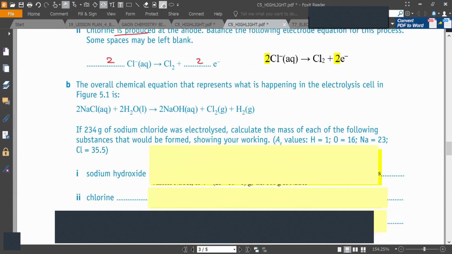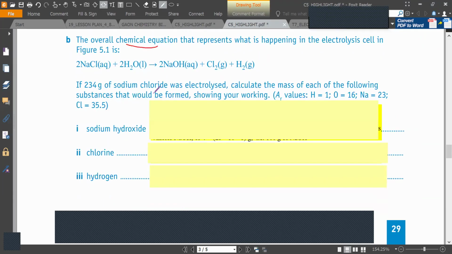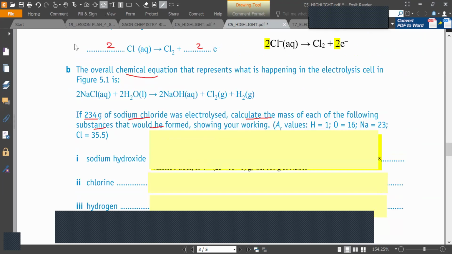So this is the overall chemical equation. Now it is chemical calculations. If we put in 234 grams of sodium chloride, calculate the mass of each of the following substances that would be formed, showing your working. This is very good, we can practice the chemical calculations.